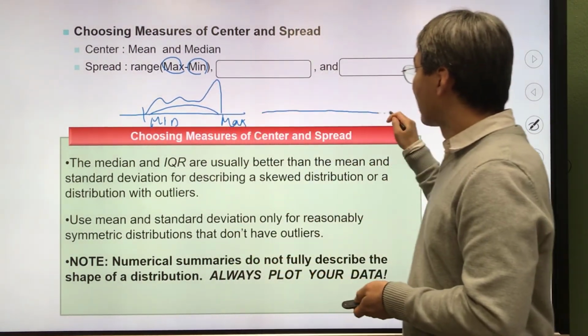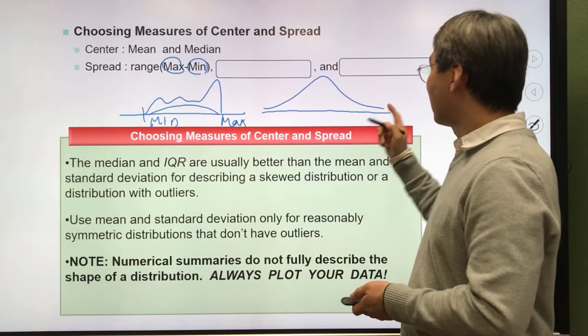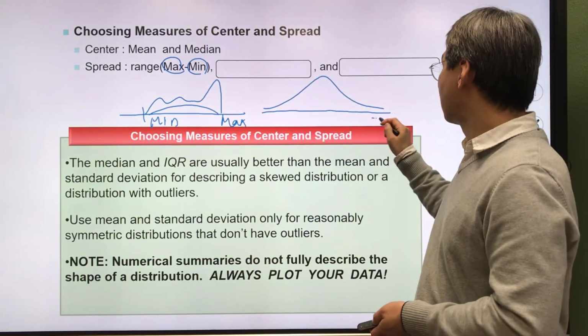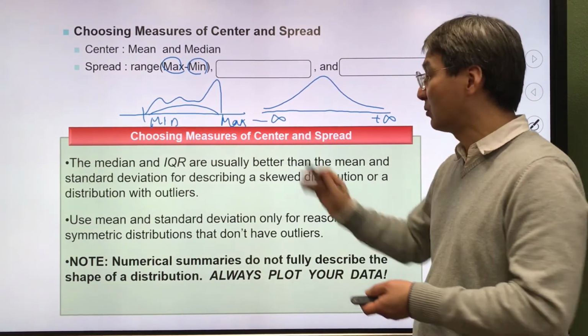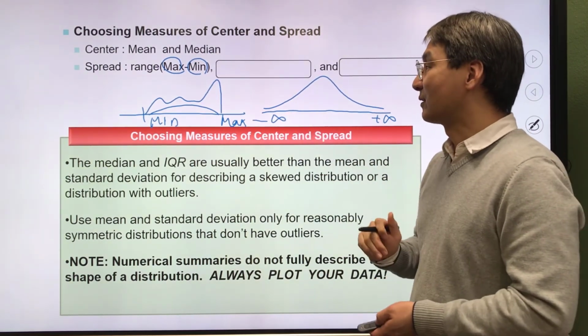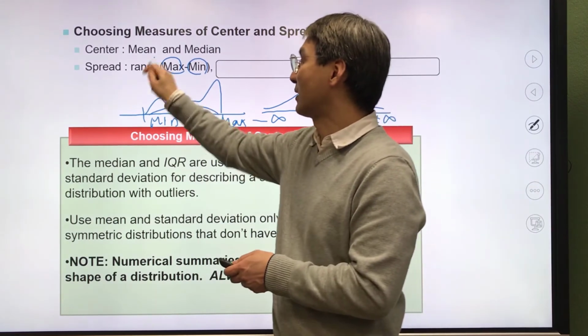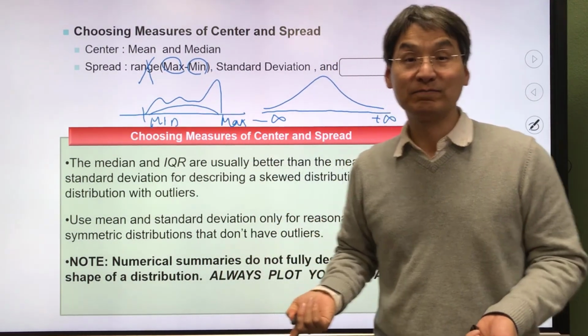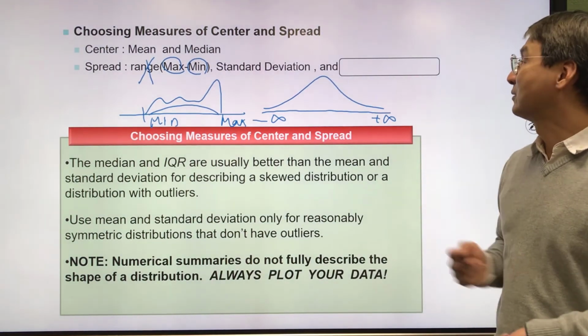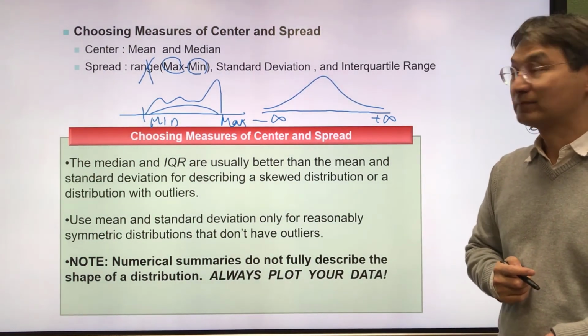However, some distributions don't have a max or min. They go to positive infinity and to negative infinity. So the range is infinity, and in that case we cannot find the range. Instead, we have standard deviation, or we have interquartile range.